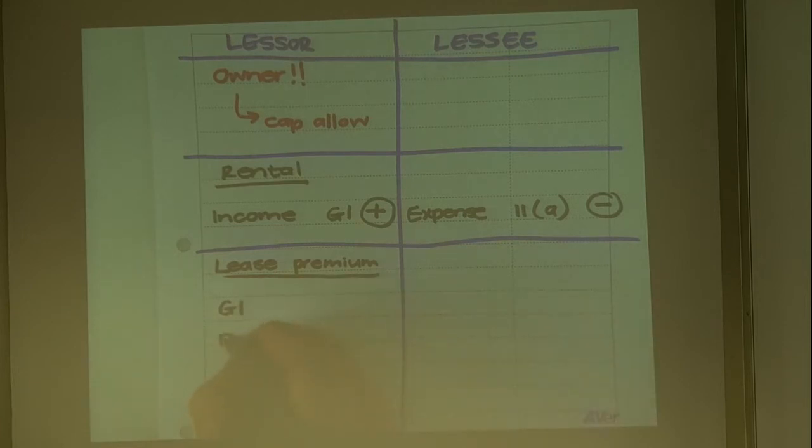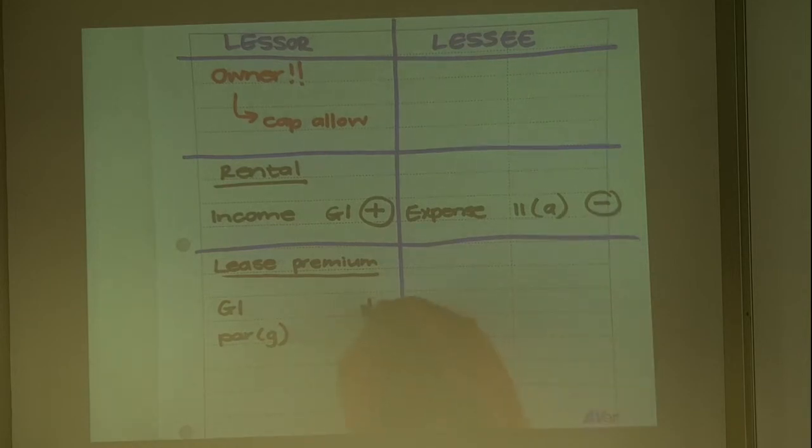It's a specific inclusion in terms of paragraph (g) of our gross income definition. It tells us, lessor, include the lease premium, it's a plus in their hands. So if the lease premium is 50,000 Rand, the lessor will include 50,000 Rand in their hands.